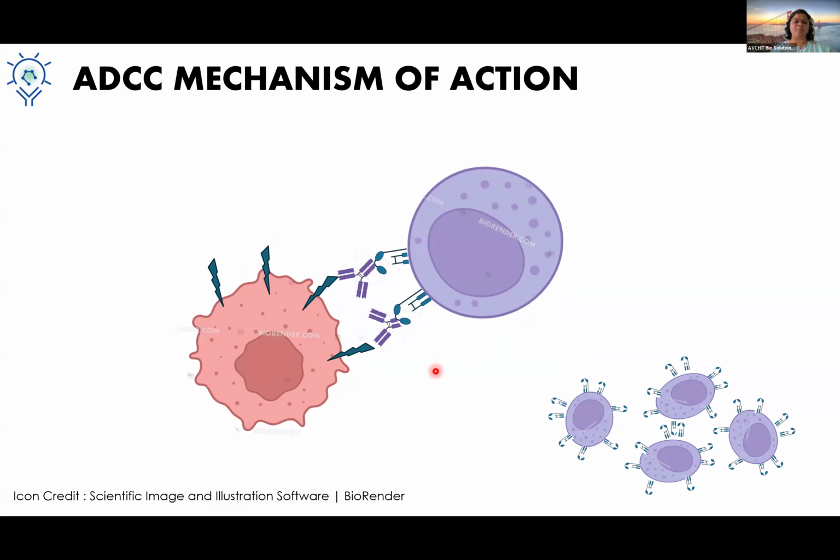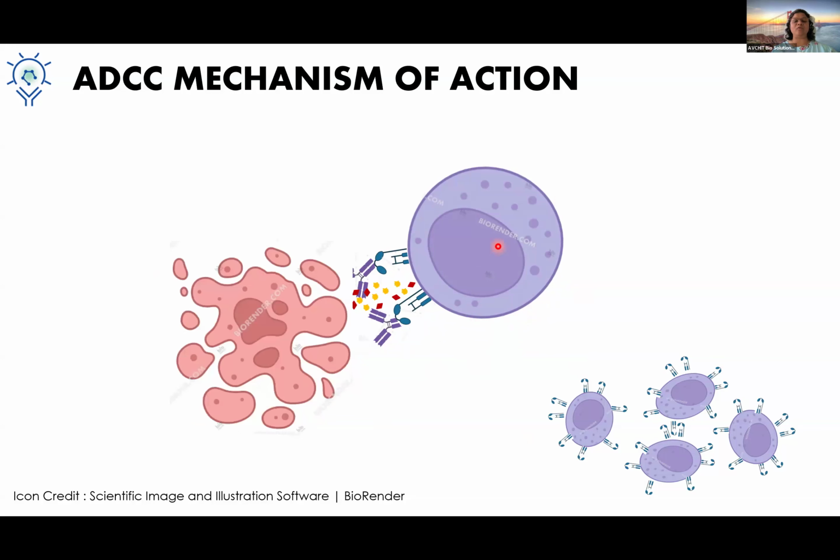Once this complex is formed, the natural killer cell is activated and releases various cytotoxic components that ultimately lead to cell death. So this is basically how ADCC happens.